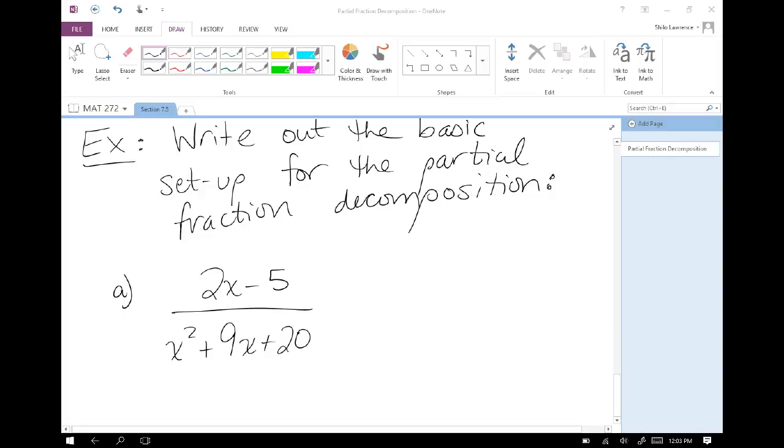Our goal is to break that apart into simpler fractions that are either added or subtracted. Now, we're not going to know if they're added or subtracted until we know what the numerators are. We're just going to assume that they're added right now.